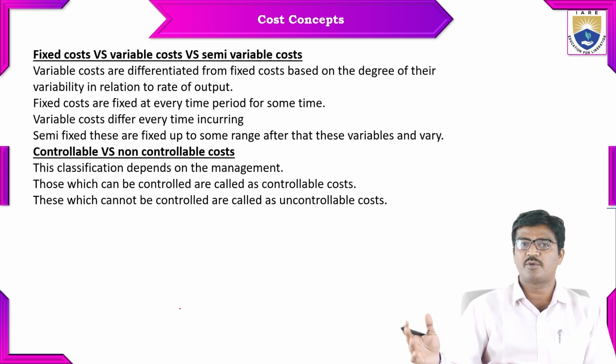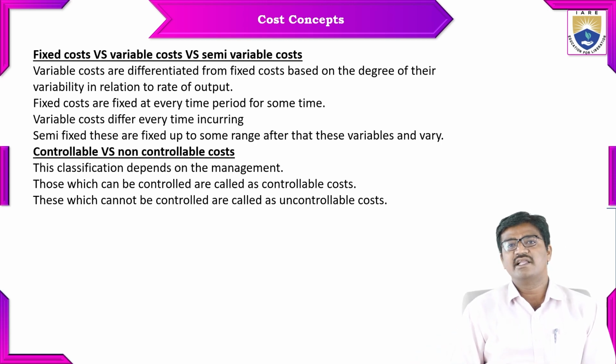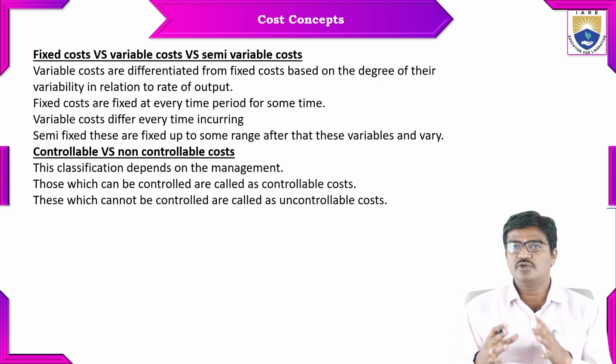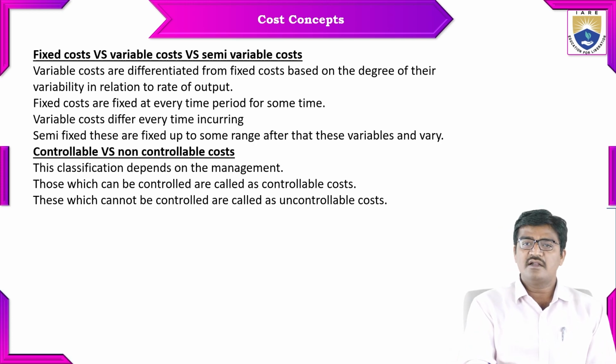For example, taking proper precautions to not get fire accidents, or to avoid theft and pilferage. So like this, you can control some of the things. These are called controllable costs, meaning these costs can be controlled. And some of the costs cannot be controlled.